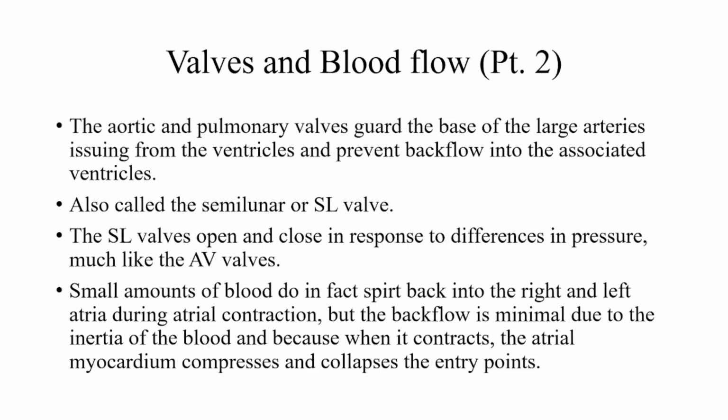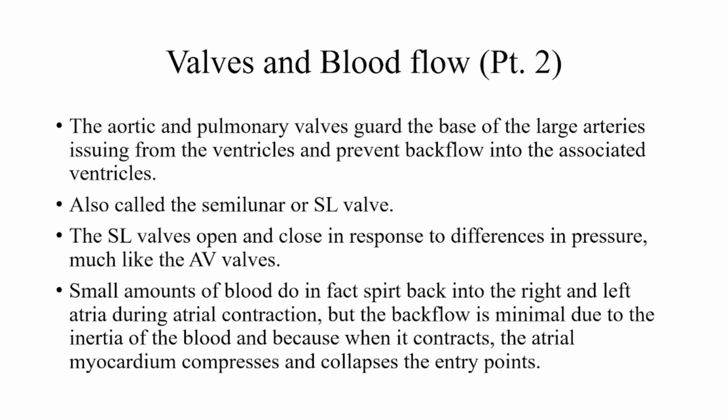The aortic and pulmonary valves guard the base of the large arteries issuing from the ventricles, and they also prevent backflow into the associated ventricles. These valves are also called the semilunar or SL valves. The SL valves open and close in response to differences in pressure, much like the AV valves do. Now bear in mind, small amounts of blood do end up spurting back into the right and left atria during atrial contraction.